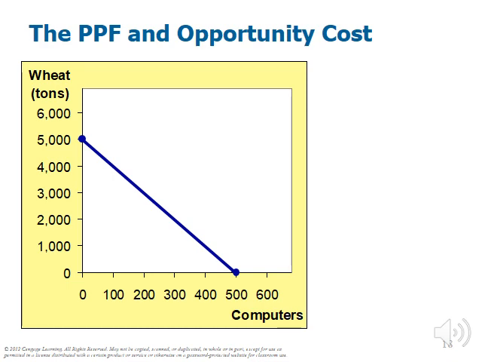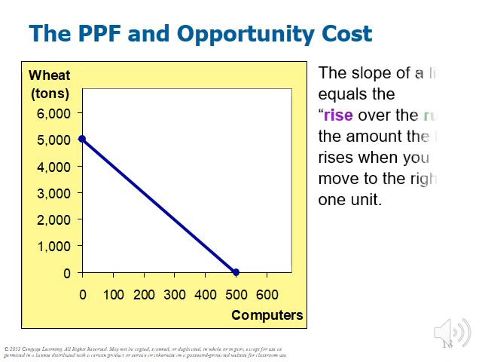If we are operating with no labor hours devoted to computers and all labor hours devoted to wheat, we get 5,000 tons. If we wanted to acquire an extra 100 computers, we would have to pull labor out of the production of wheat. In the process of doing so, we would lose 1,000 tons of wheat.